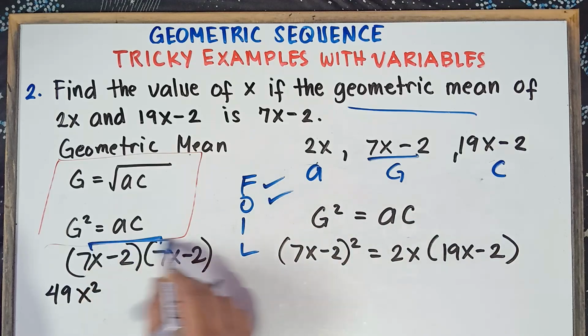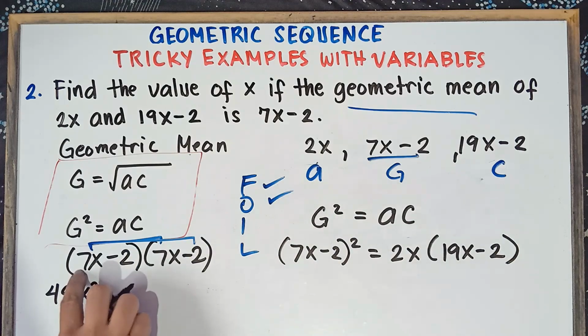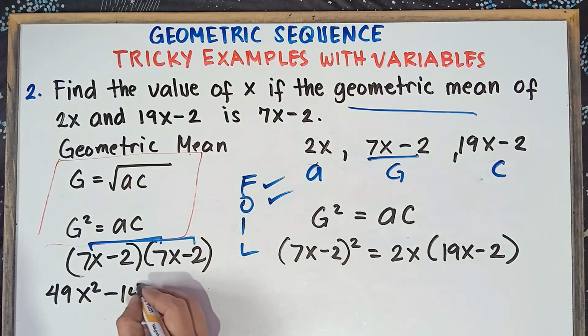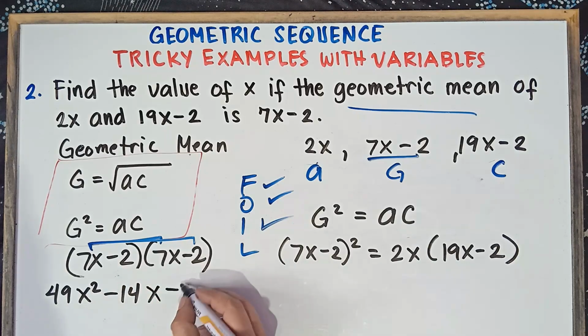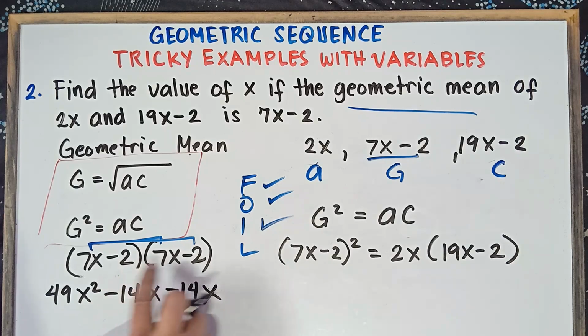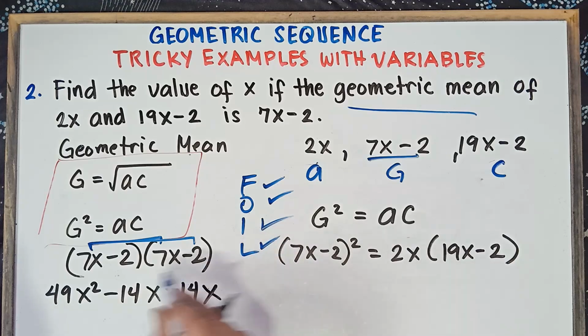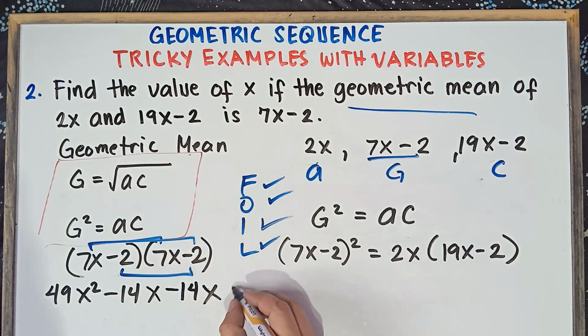Then outer, 7x times negative 2: 7 times negative 2 is negative 14, simply copy x. Then inner, negative 2 times 7x, that would be negative 14x. Then last, negative 2 times negative 2, that would be positive 4.